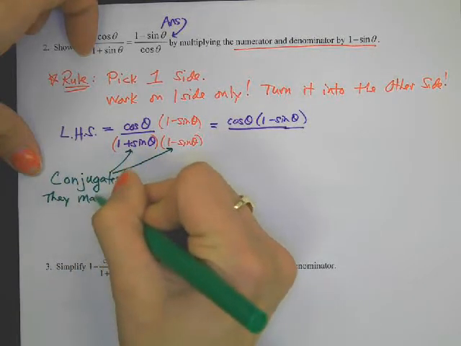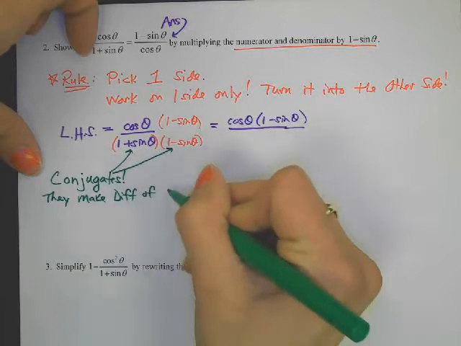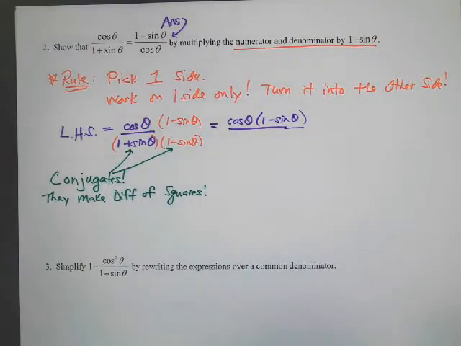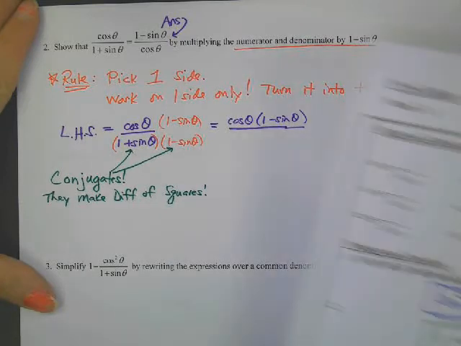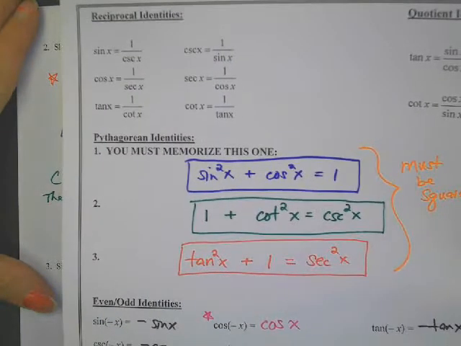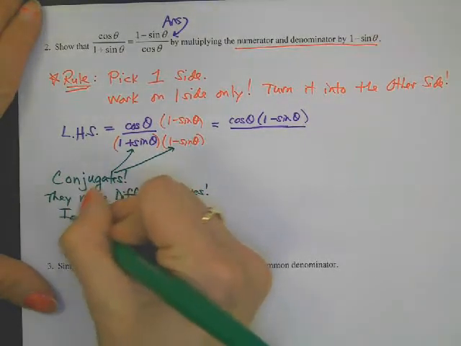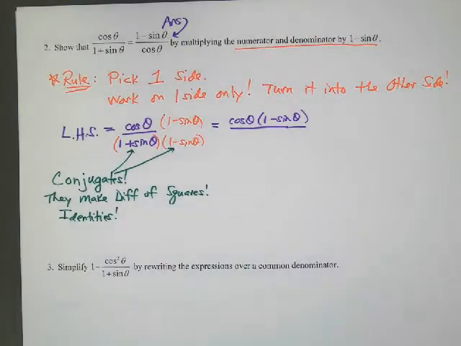They make a difference of squares. And what's so awesome about things that are squared? Well, I'll just give you a little peek here. Things that are squared are identities. So then you think identities. All right, that's what we're going to do.